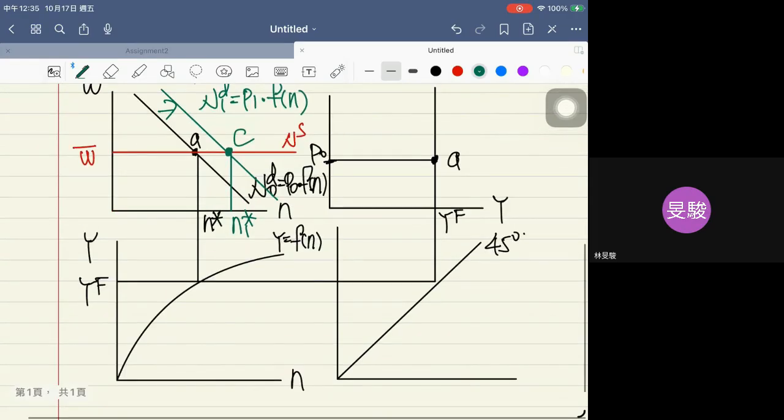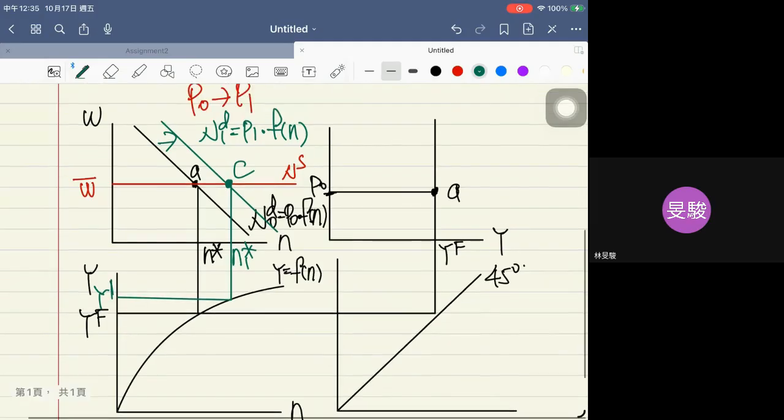And given N1 star, the production function indicates that output increased to Y1. Oh, the visual is so ugly, I know. Okay, Y1. And at this employment level, we get the output level Y1.